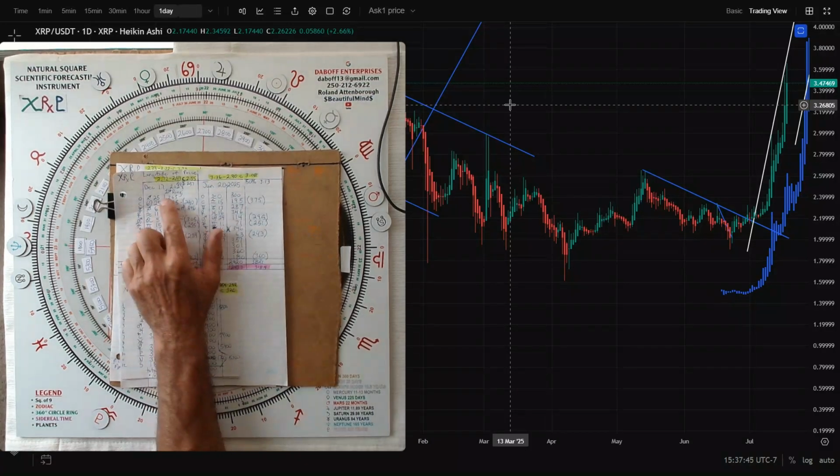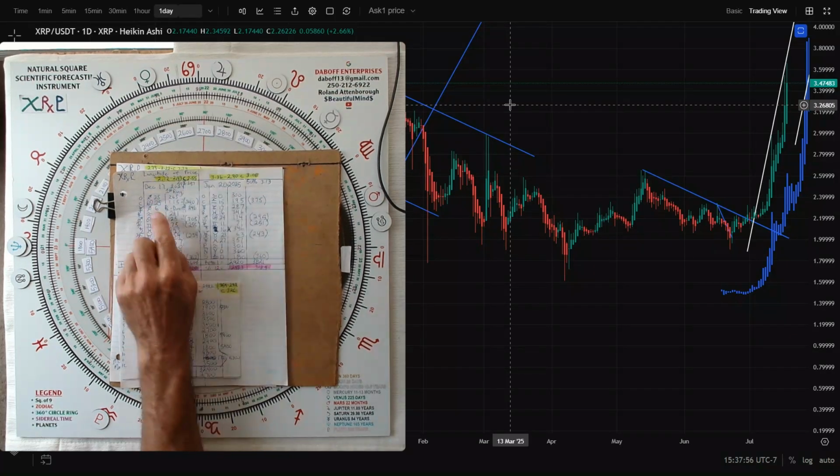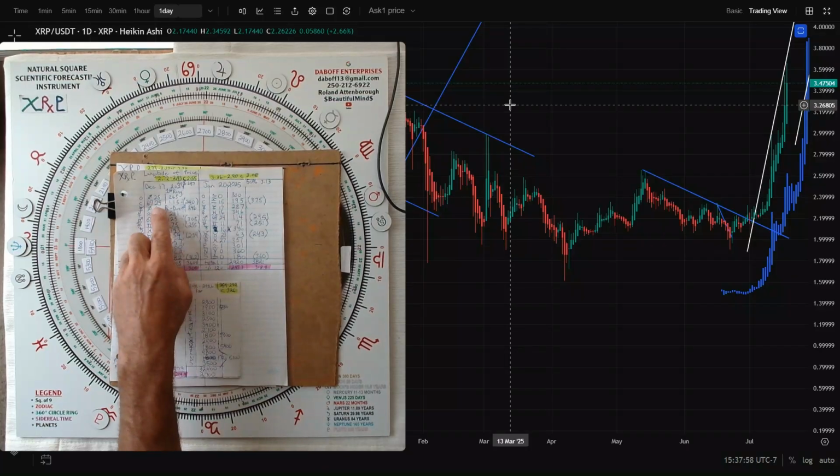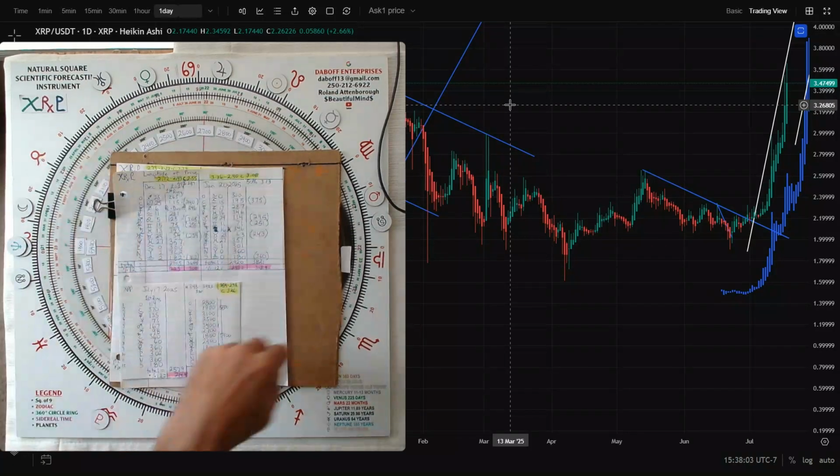On December 17th, the prices were 272, 243 for a low, and a close at 255. I went back and did all the planets and put them on my tool.